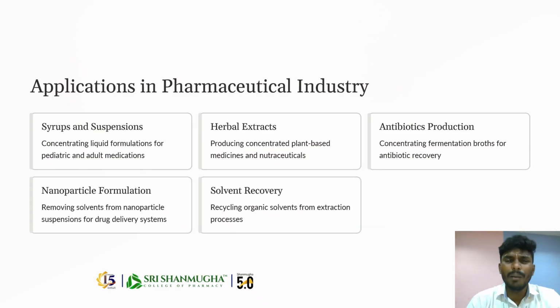And what are the applications of evaporation in the pharmaceutical industry? It is mainly used in various types of formulations like syrups, suspensions, herbal extracts, nanoparticles, solvent recovery, and antibiotic production. Syrups and suspensions: concentration of liquid formulations for pediatric and adult medication.